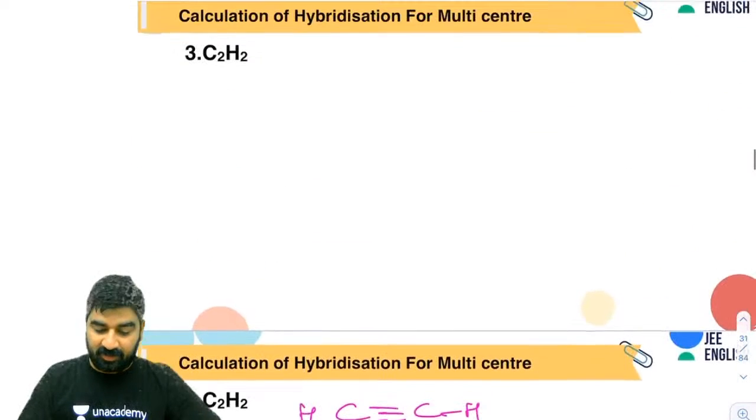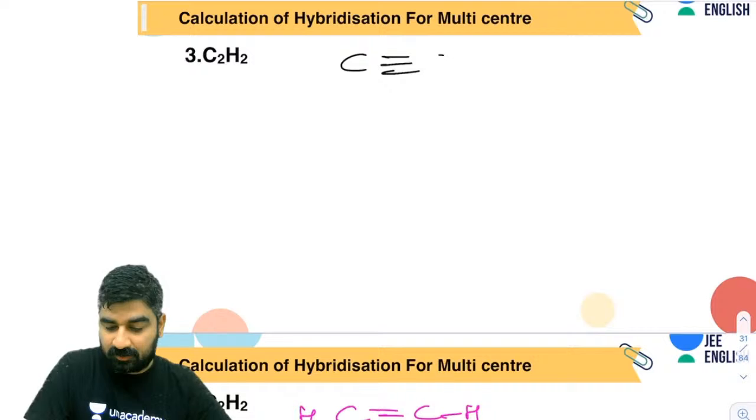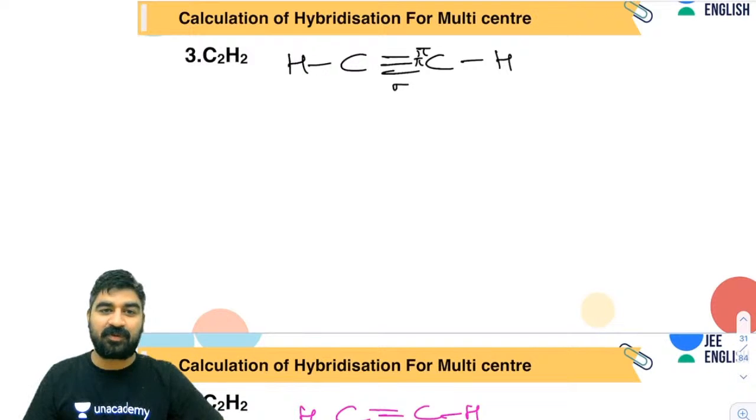Now if I try to explain it to you, C2H2: one sigma and two pi bonds we have.